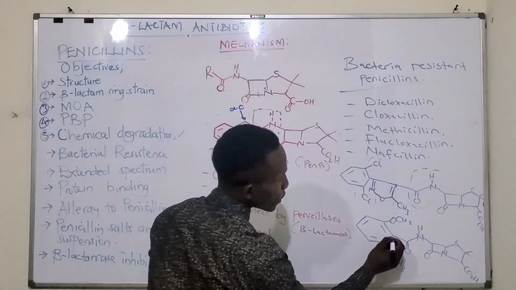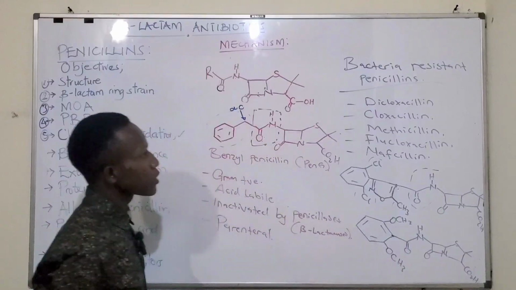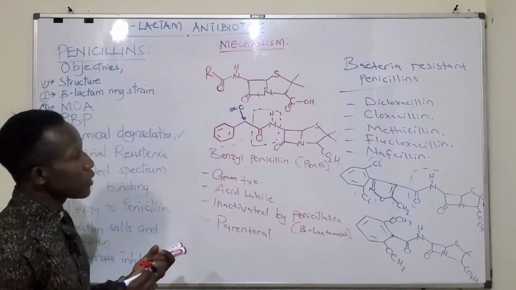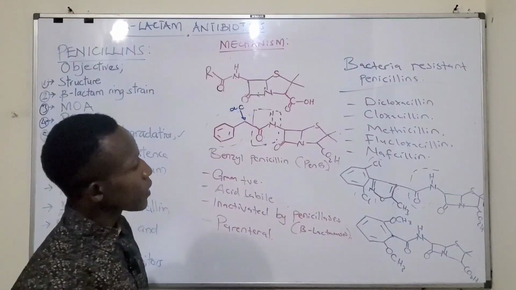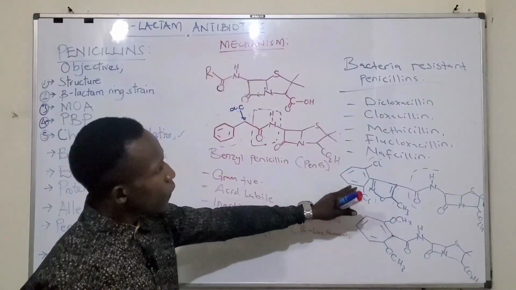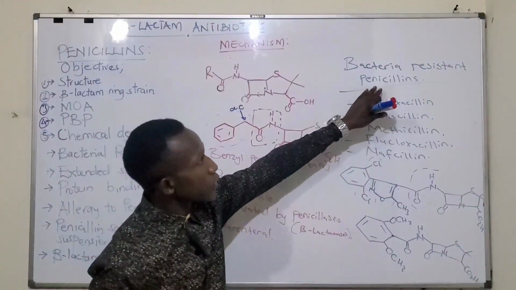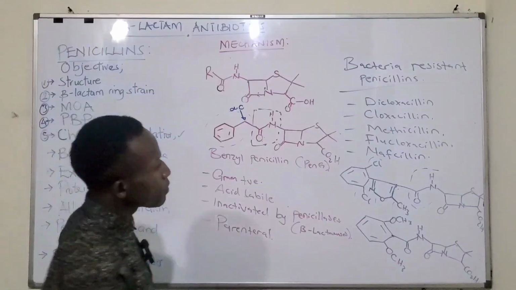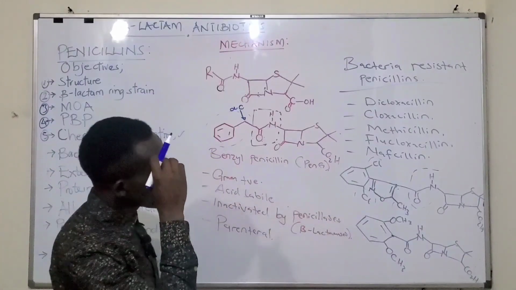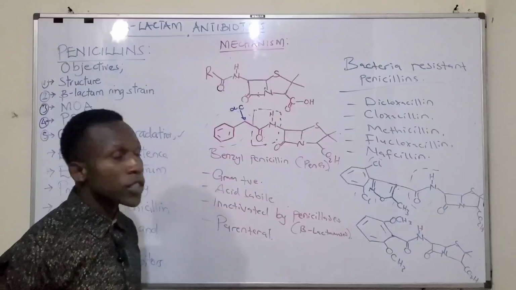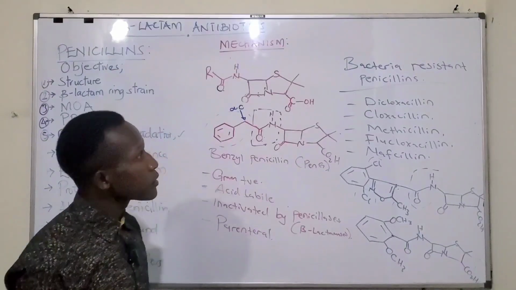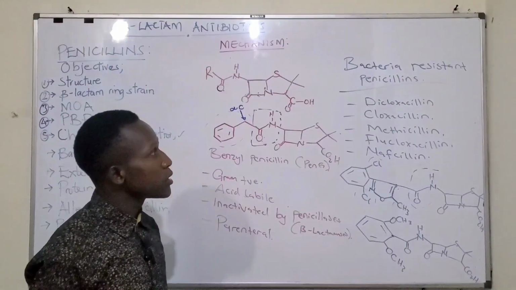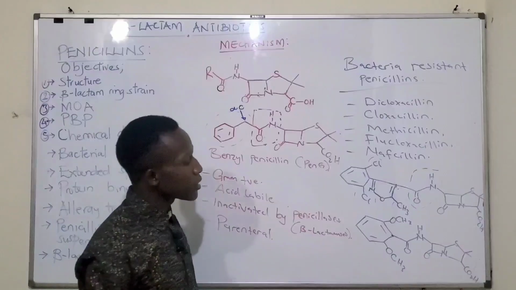So whenever you see the alpha carbon is part of the ring structure, those penicillins are resistant to penicillinases. And so these penicillins can act now on those bacteria which are penicillin resistant or penicillinase producing bacteria.